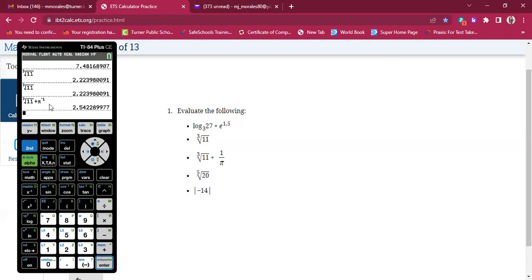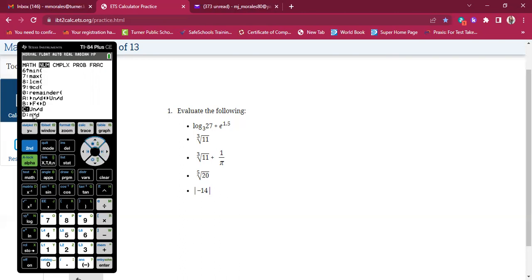What about if we make use of fractions, 1 over pi? This is what you're going to do again: press math, then go down to number 4, press enter, write 11, arrow right, and then plus 1 over pi. For the fraction form, press math, go to the right, press num, and then go up.